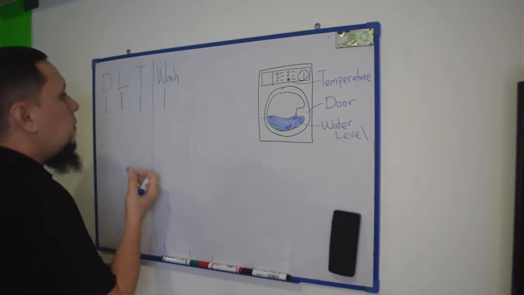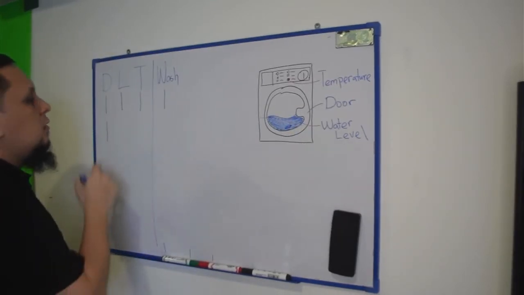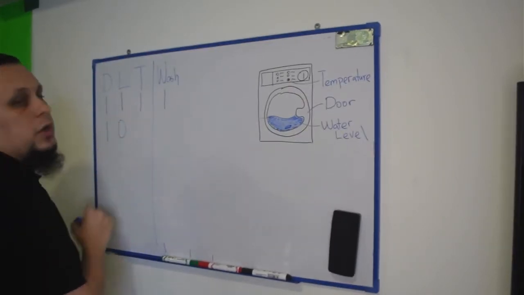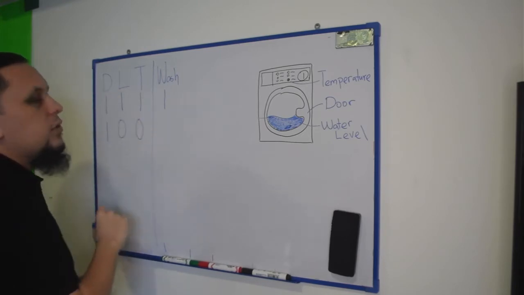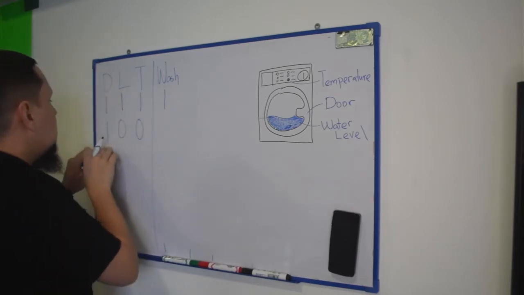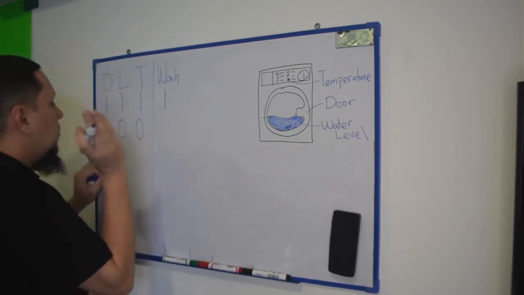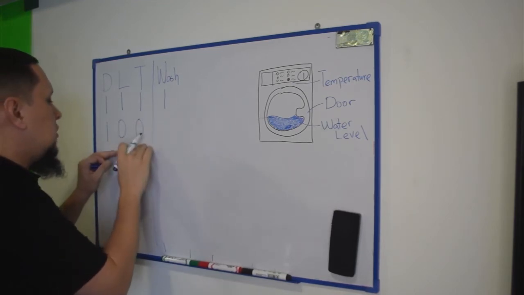How about if the door is locked, but the water is below the threshold, so we don't have enough water? If we don't have enough water, meaning that we don't have any temperature yet. In this case, the 1 means the door is locked, but we don't have enough water inside, and we don't have the temperature yet.